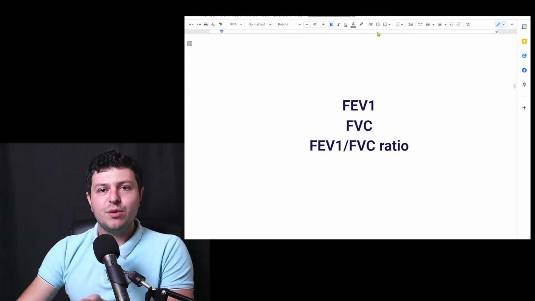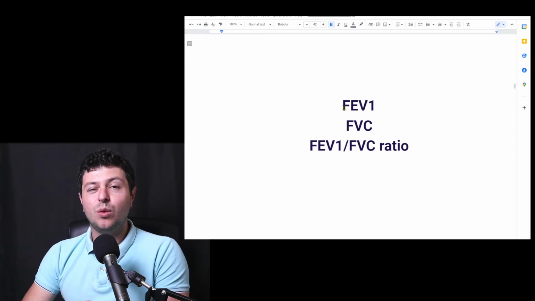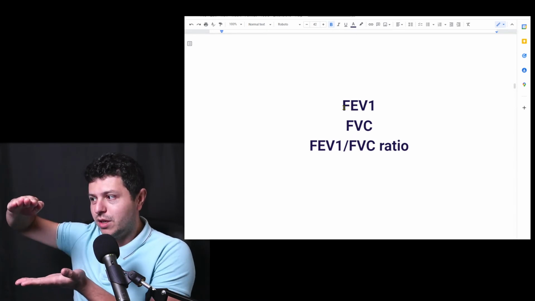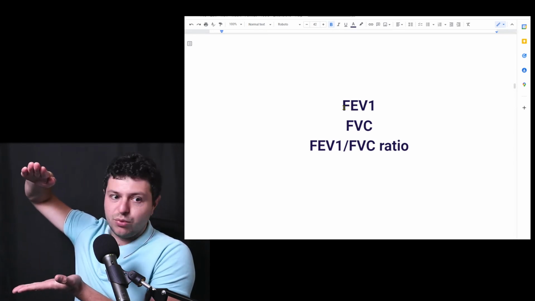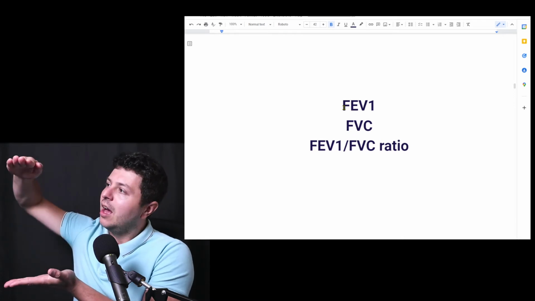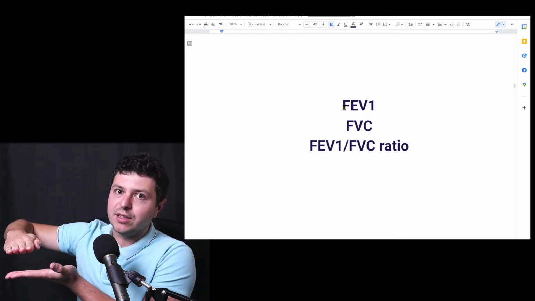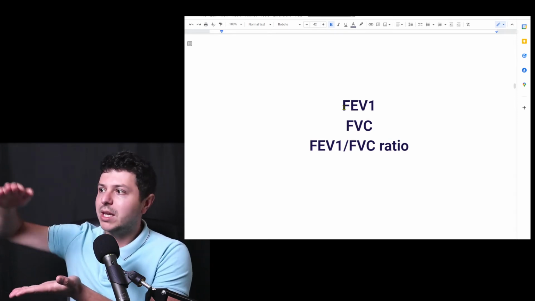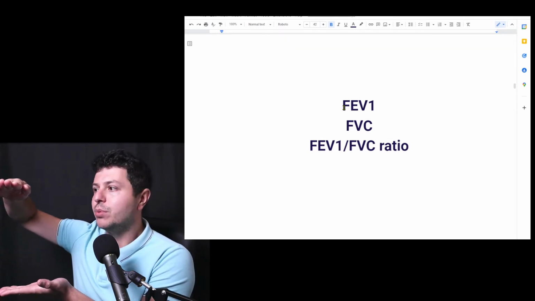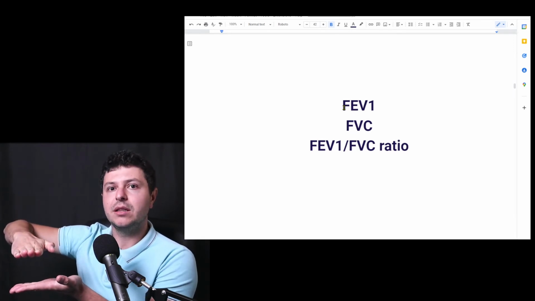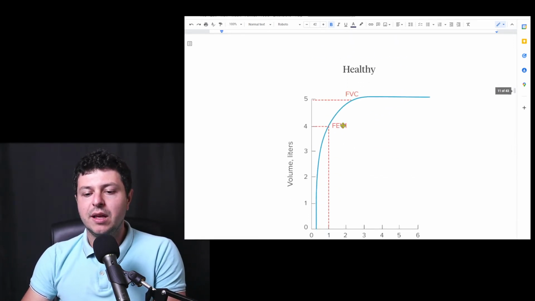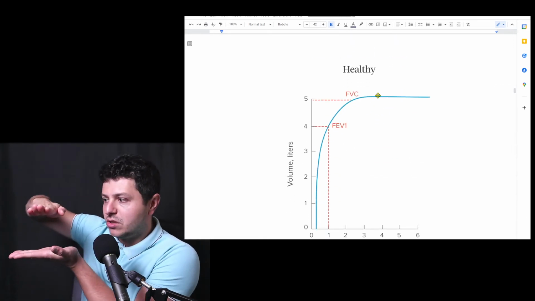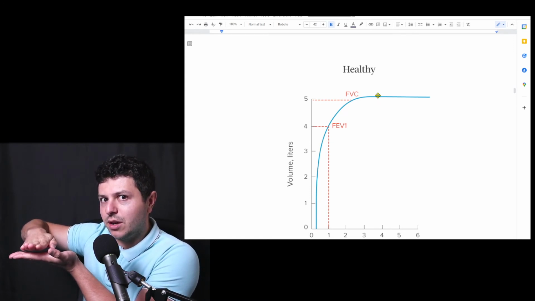Now, FEV1, again, forced expiratory volume in 1 second. Imagine you're breathing out forcefully, how much can you get out in that first second? Boom. Most people normally get at least 70% of the air out in the first second. And then that just leaves this final bit of air that needs to be really squeezed out slowly.